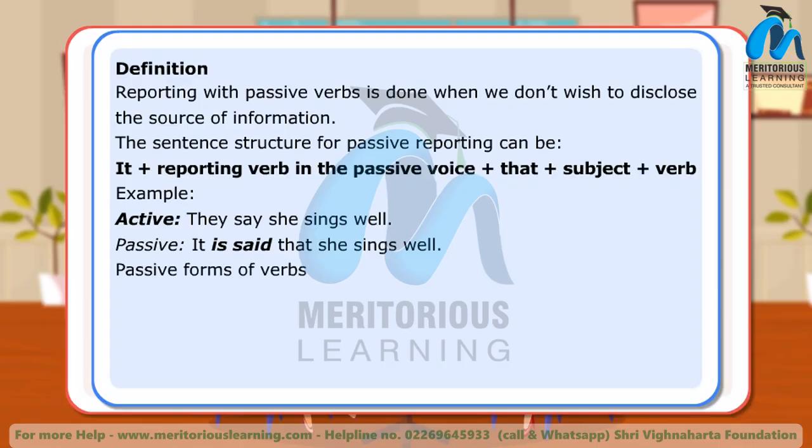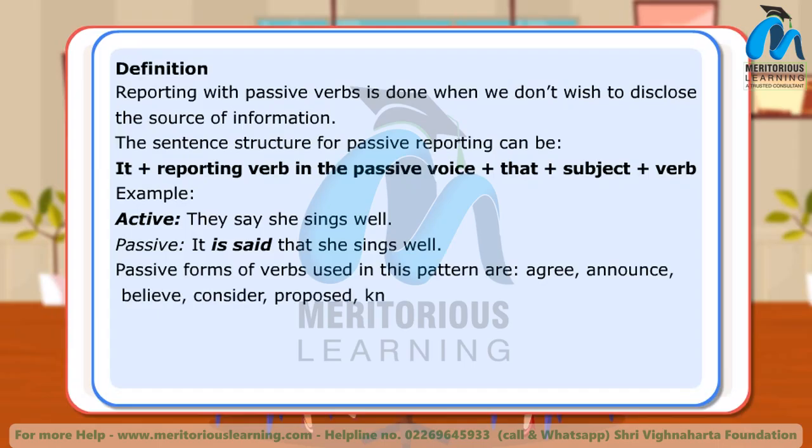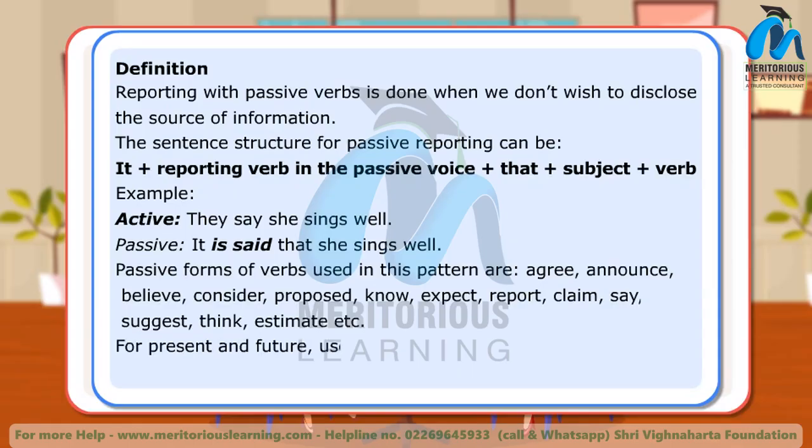Passive forms of verbs used in this pattern are agree, announce, believe, consider, propose, know, expect, report, claim, say, suggest, think, estimate, etc. For present and future, use the to infinitive: to be, to have, to dance.